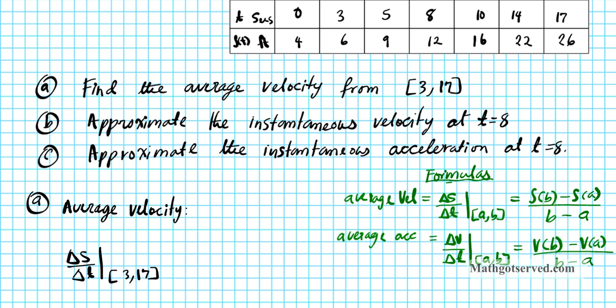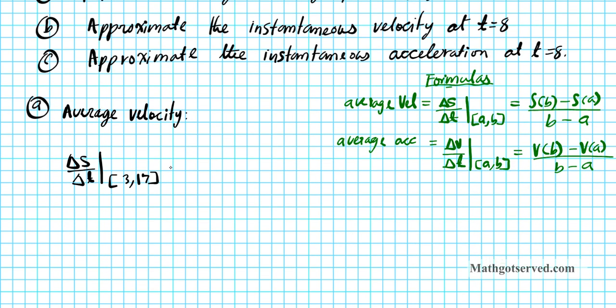That's what the problem asks us to find. In this case, b is 17 and a is 3. So s of 17 minus s of 3, divided by 17 minus 3.